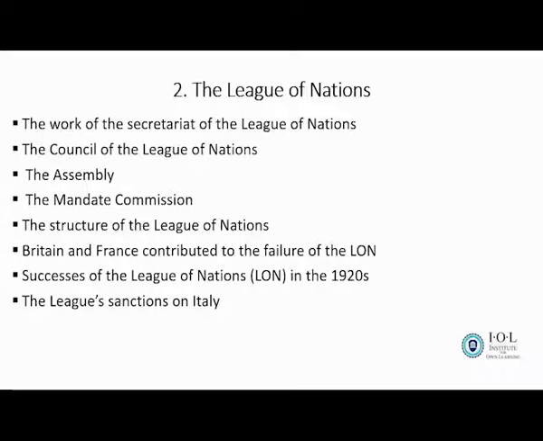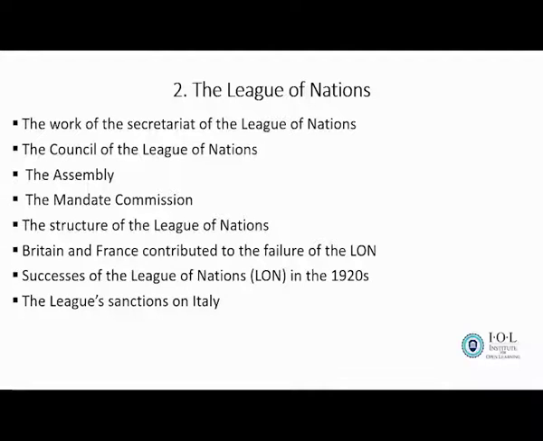Okay, now here we already know that the League consisted of three bodies. We have the Assembly, the Council, and the Secretariat. All these three had different responsibilities in the League of Nations. However, most of the League's work was done through a number of agencies.